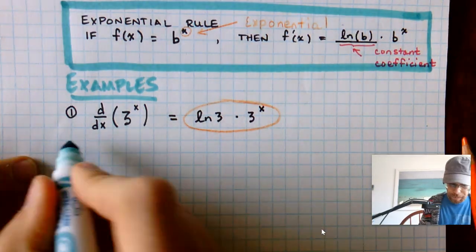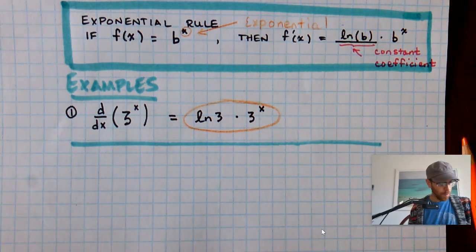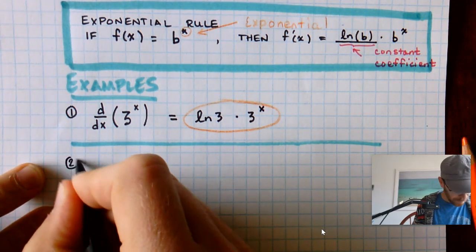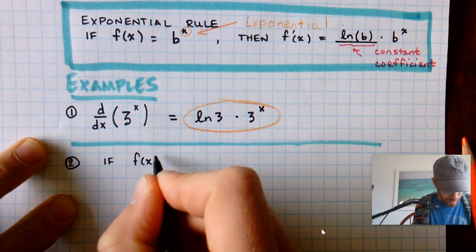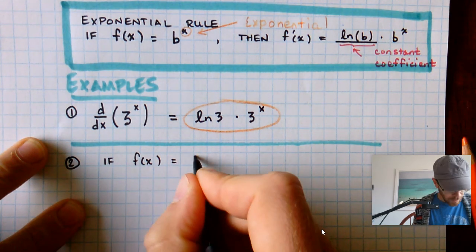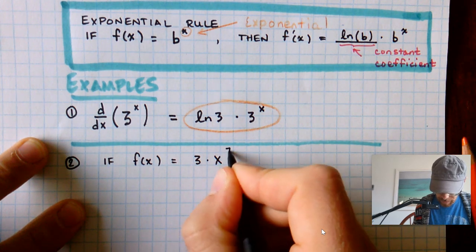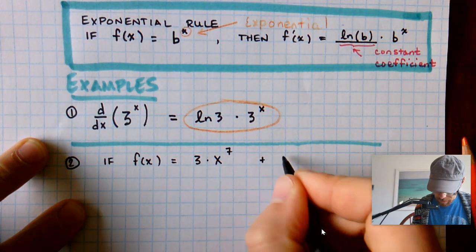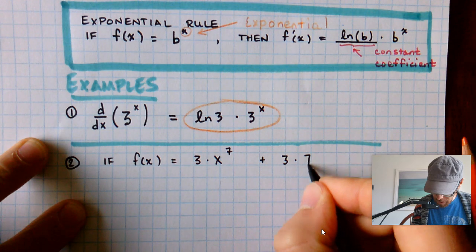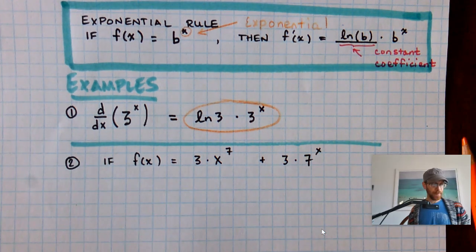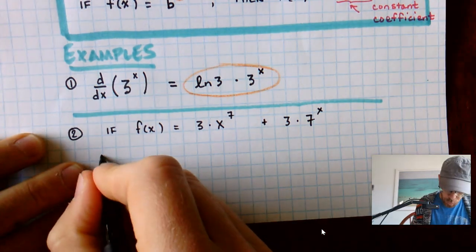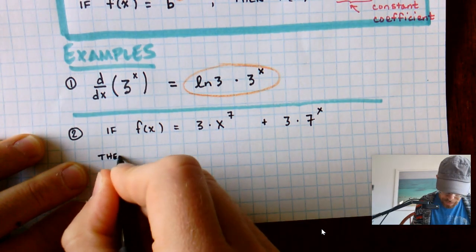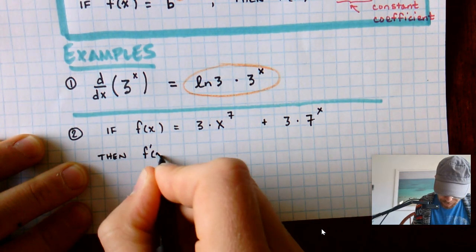All right, let's keep rolling. Number 2. Suppose that our function is 3 times x to the 7th power plus 3 times 7 to the x power, and we want to cook up the derivative expression.